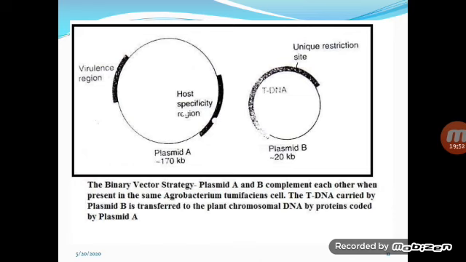Simply we can say one plasmid helps the other plasmid integrate into the plant genome. That's why two plasmids are present in the bacteria, and we call it the binary vector strategy.